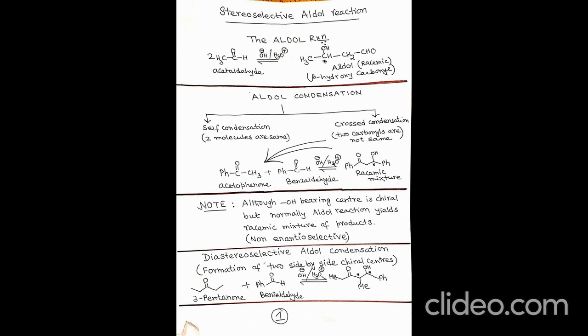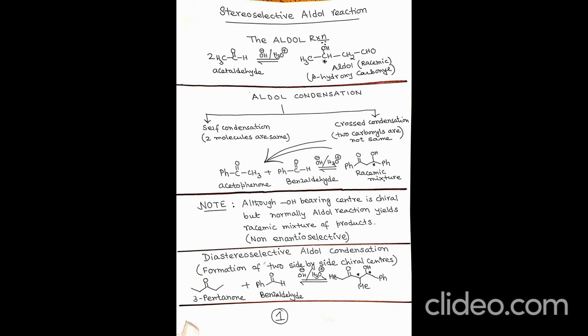Actually, during this aldol condensation, we are not getting one enantiomer, but we are getting two enantiomers, and there is no selectivity, means the two enantiomers R aldol and S aldol are produced in a 1:1 mixture, means we land up with a racemic mixture of the product. So, in one word, there is no enantioselectivity in our classical aldol condensation, where two molecules of acetaldehyde undergo base catalyzed condensation to give rise to the racemic mixture of aldol.